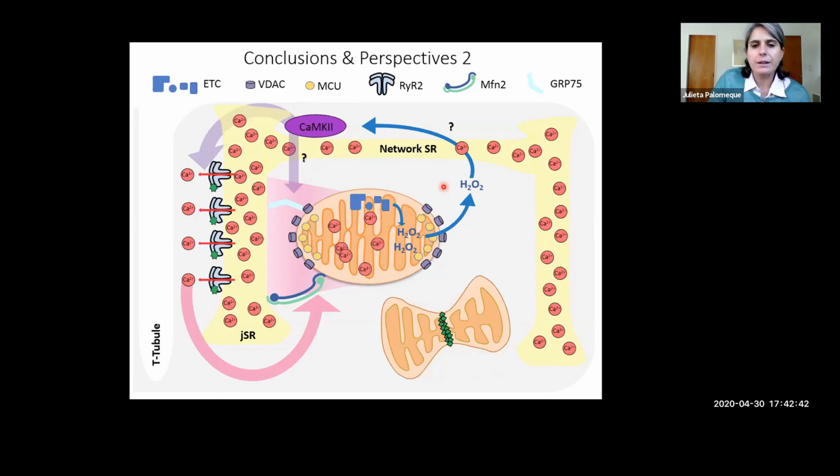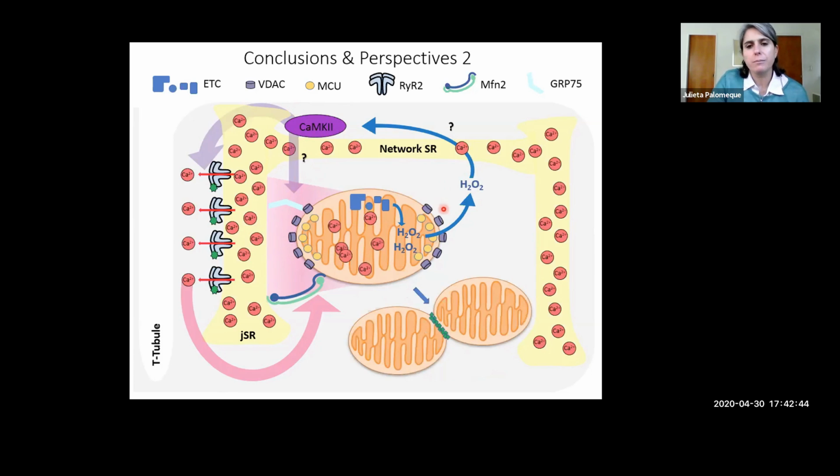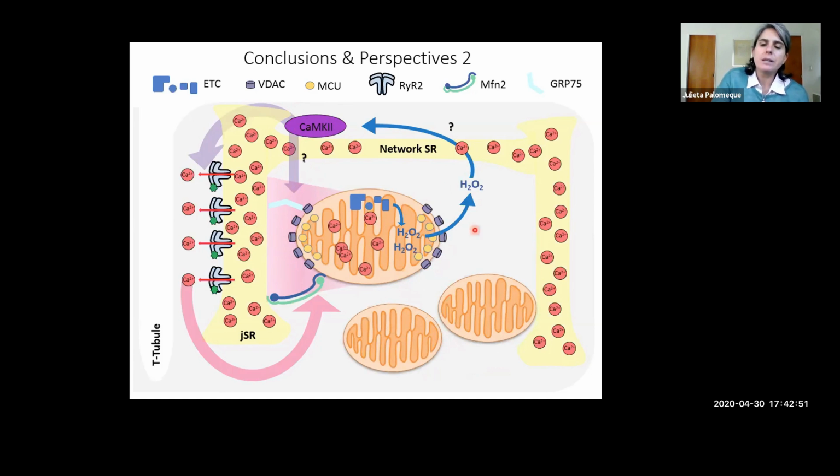Moreover, there is a fission of the mitochondria due to the overexpression of DRP1, and DRP1 could be phosphorylated by CaMKII or by other proteins that we have not studied yet.